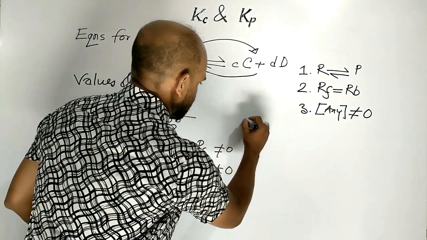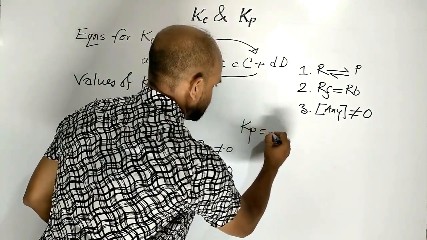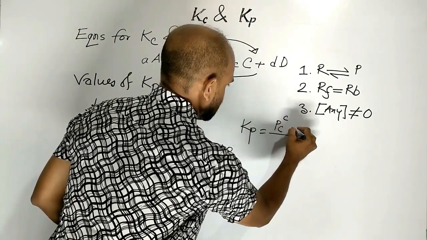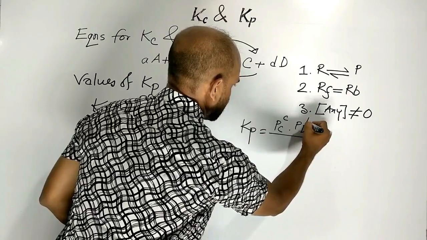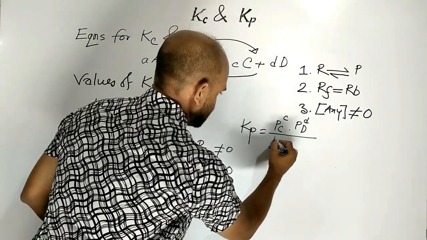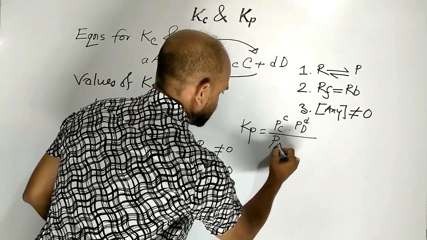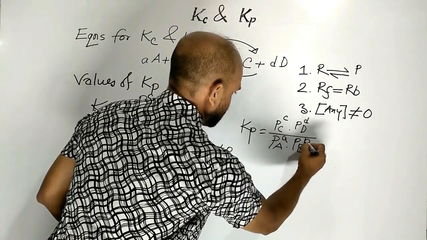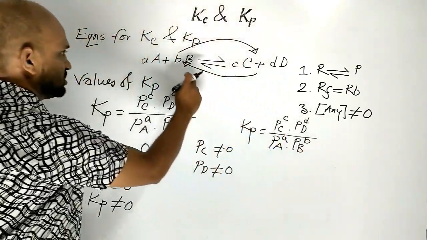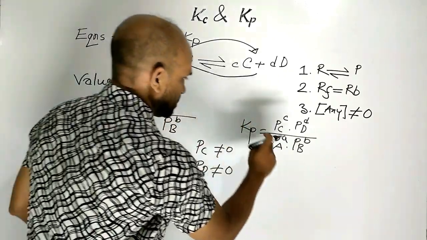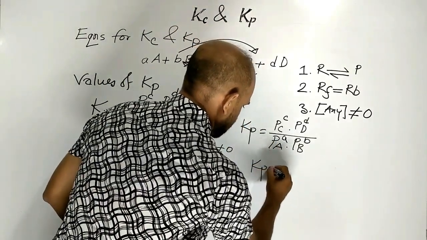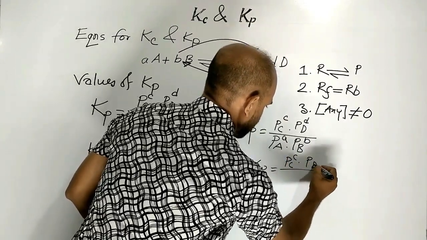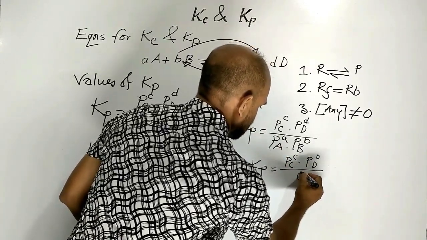Similarly, from this equation we can write partial pressure of C into partial pressure of D divided by partial pressure of A into partial pressure of B. As this is a reversible reaction, partial pressure of C, partial pressure of D exist.